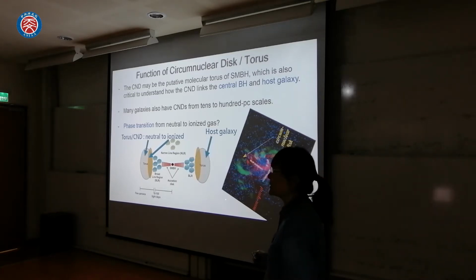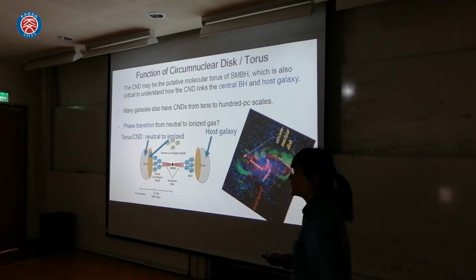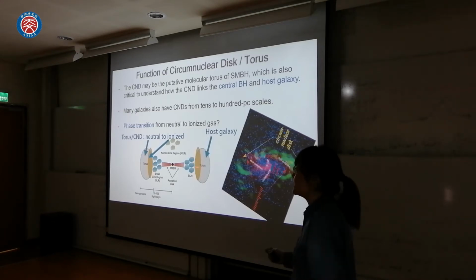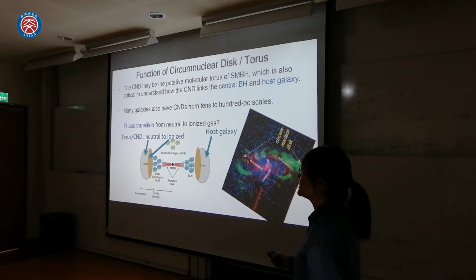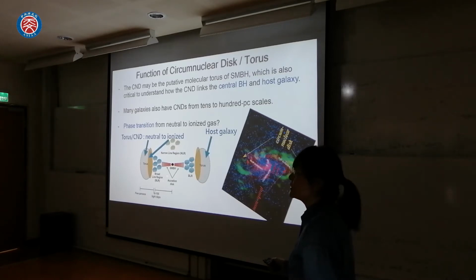What is the correlation? What is the cascading structure, the inflow structure in this region? So when I am talking about the transition from neutral to ionized, it doesn't mean we want to know the correlation between the neutral material and the narrow-line region or broad-line region observed very close to the supermassive black hole.